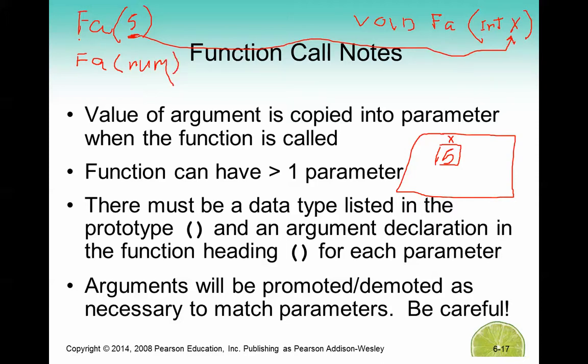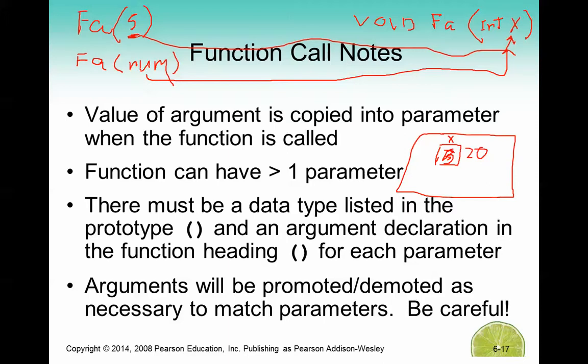Let's suppose that num has the value of 20. What are we going to copy into x? A 20. So now x has a number 20. So whatever I have in num is going to be copied into x.